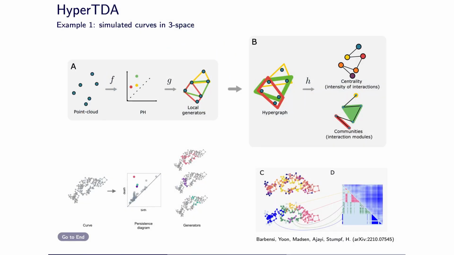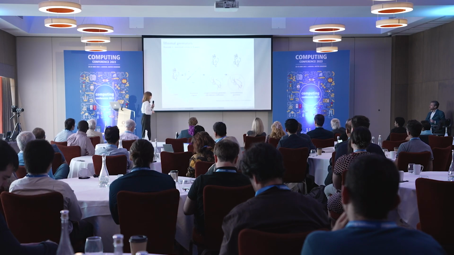And so this is just an example of where we can find some interpretation that some of the domain experts are very happy that these hypergraph network measures are useful.